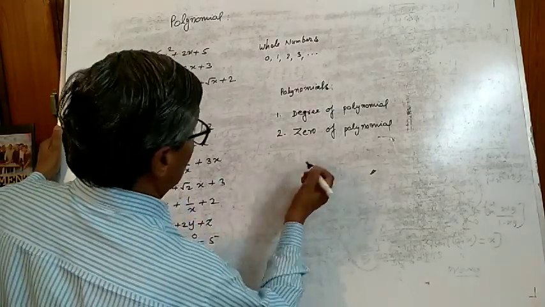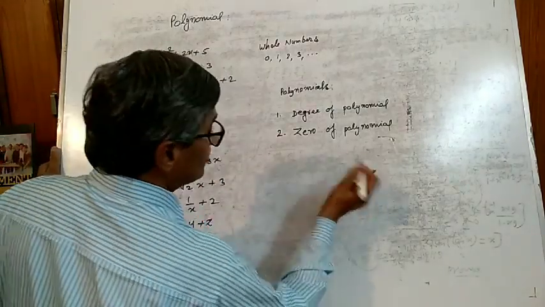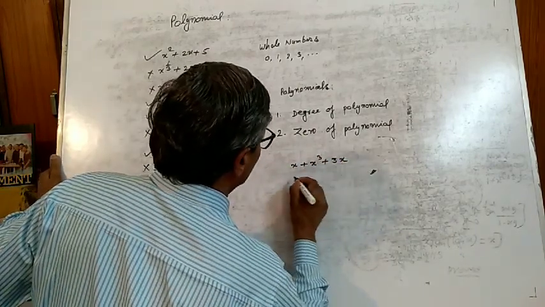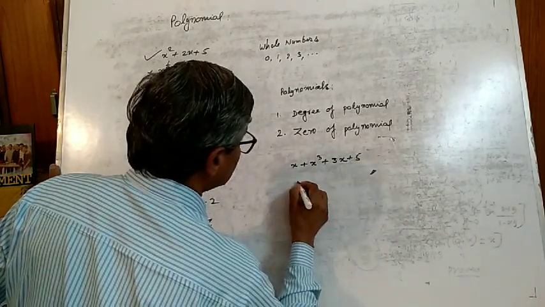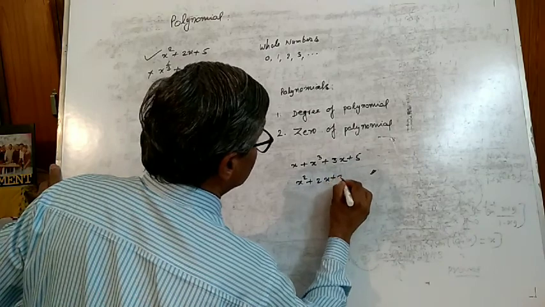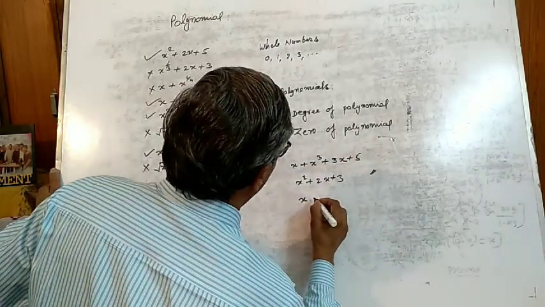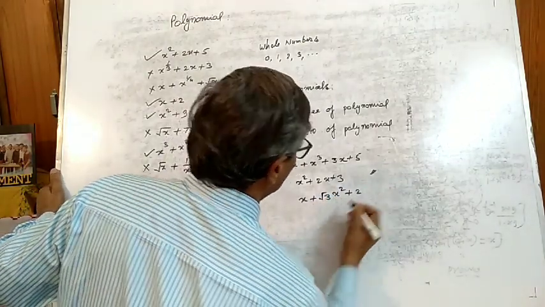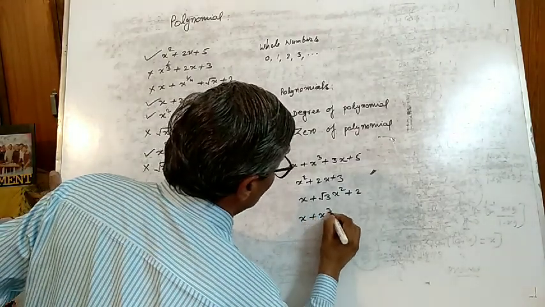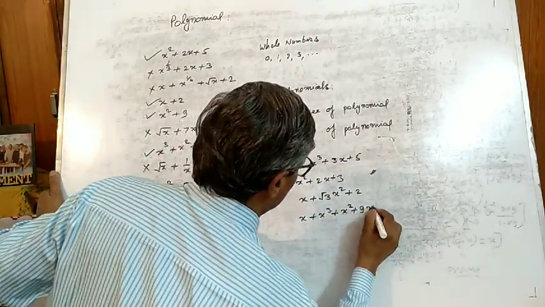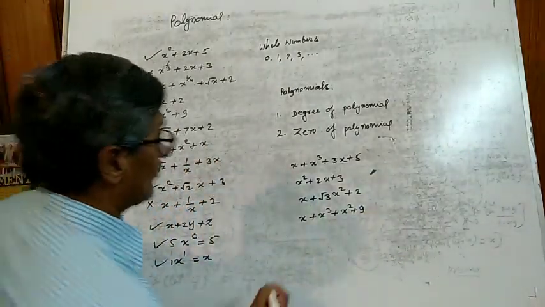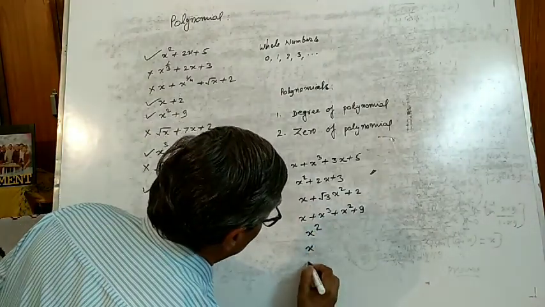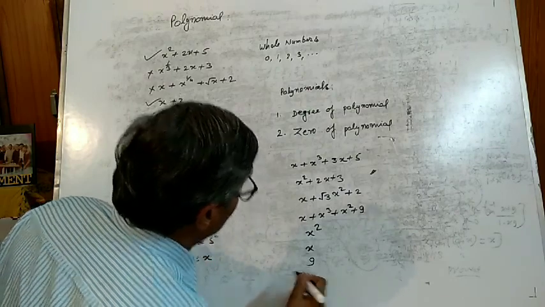Now here I am going to write again some polynomial, and we will see what is degree. x plus x cube plus 3x plus 5, x square plus 2x plus 3, x plus root 3 x square plus 2, x plus x cube plus x square plus 9x plus 9, or x square x 9, this way.